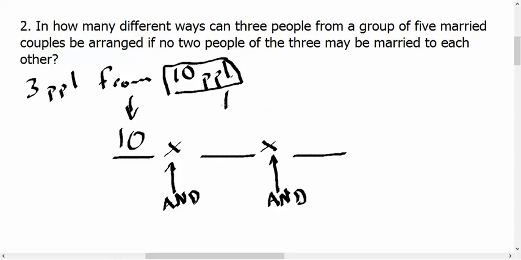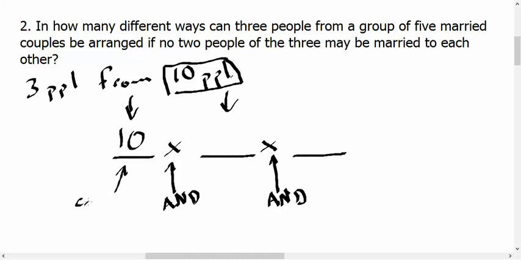Now, once we've chosen that first person, we're going to think, how many people left are there to choose for the second spot? Well, we could choose anybody except for, of course, the person that I've already chosen, because I can't have the same person twice in a group. I want 3 different people. So I can choose anybody except for the first person that I chose. But I can't choose that person's partner, their spouse, their wife or husband.